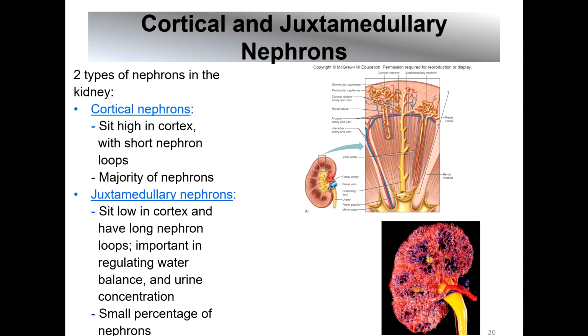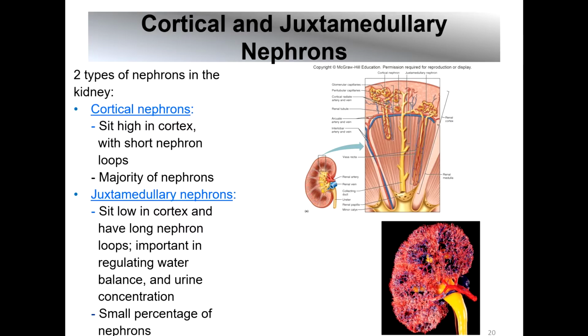All right, so you have two types of nephrons. You have the cortical nephrons and the juxtamedullary nephrons. And juxtamedullary means that they are next to the medulla. Cortical nephrons, of course, are going to be found in the cortex. Although the corpuscle for all of these nephrons will be found in the cortex, cortical nephrons typically have a corpuscle that's much higher in the cortex, and their loop of Henle might dip down into the medulla, but it doesn't go very far.